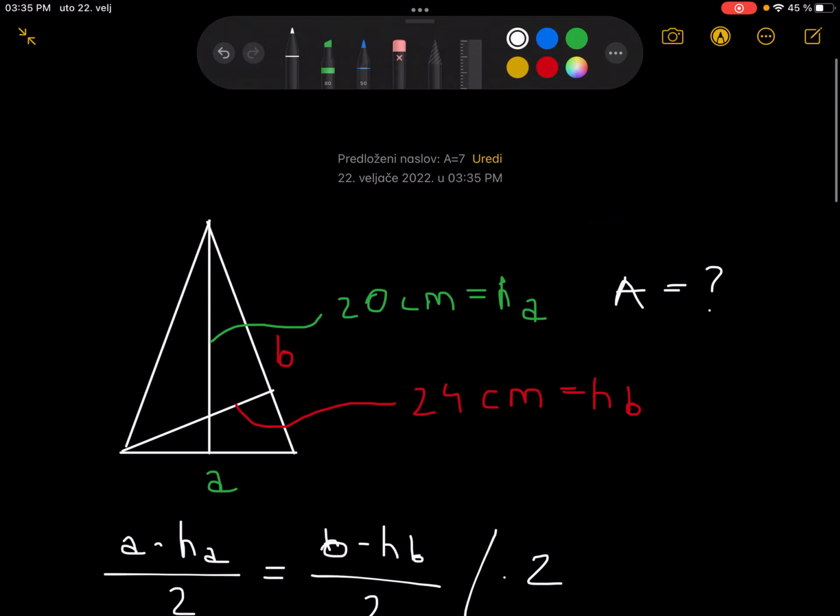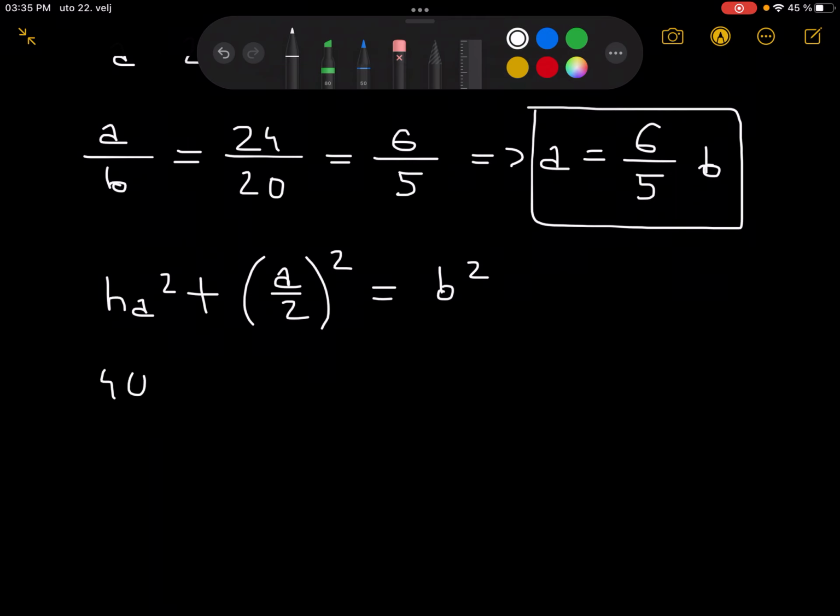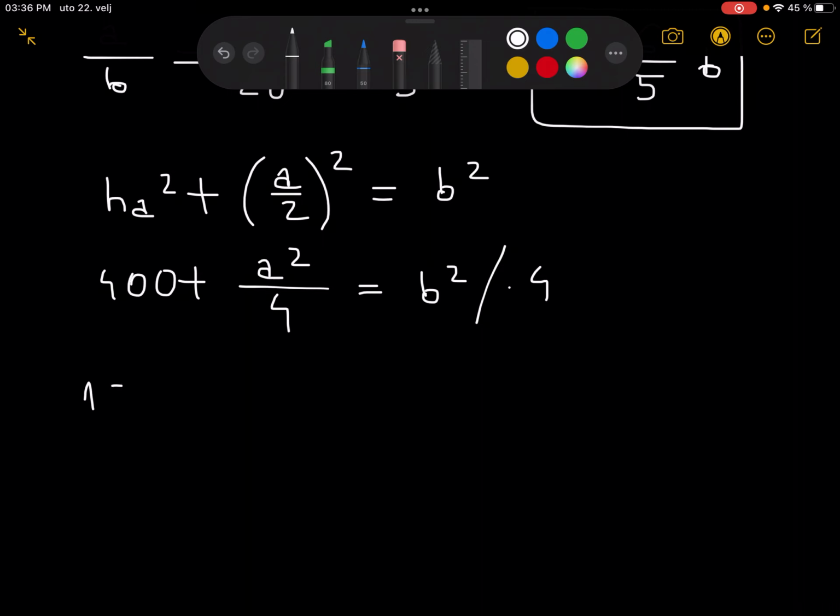Once we plug in the numbers, we'll get that 20 squared, which is equal to 400, plus A squared over 4 must be equal to B squared. I'm going to multiply both sides by 4, and that will give me that 1600 plus A squared is equal to 4B squared.